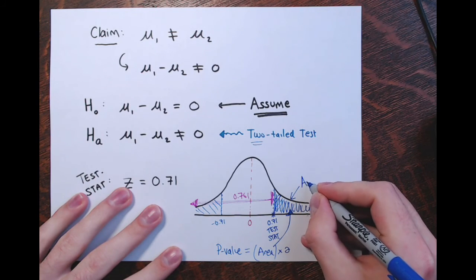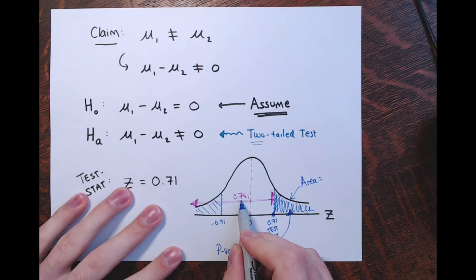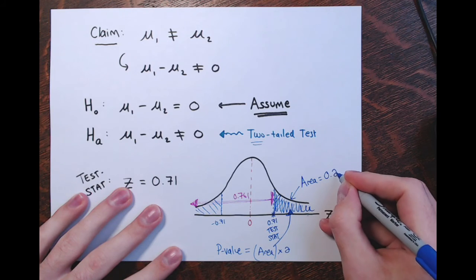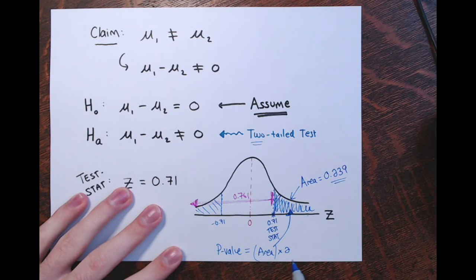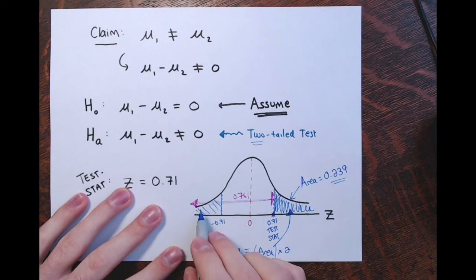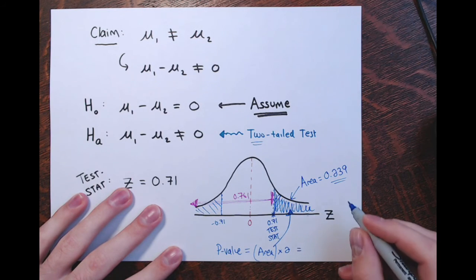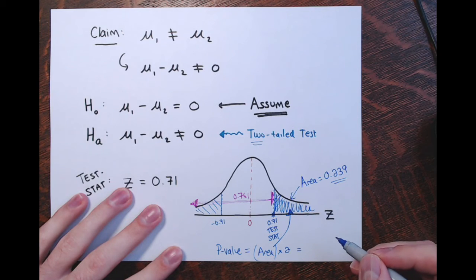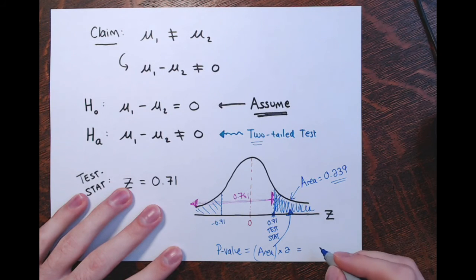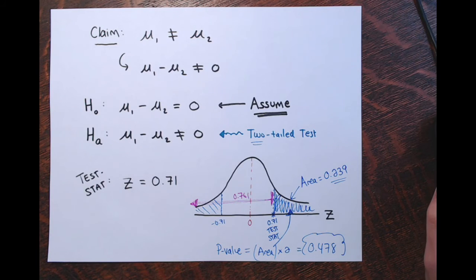The area to the right of 0.71 is 1 minus 0.761, or 0.239. And then the p-value, again, because it's a two-tailed test, is twice this. Both these areas would be 0.239, so if I double that, it's 0.478. The p-value is almost 48%. It's 47.8%.